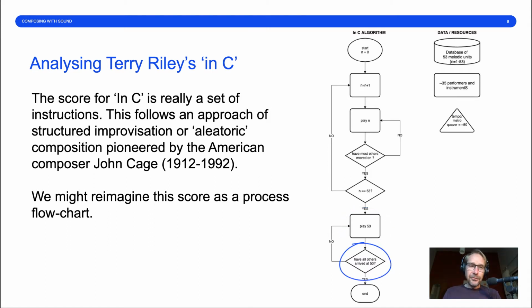Ultimately, when we're convinced that all the other players have got to 53, we stop playing. Now you can imagine how we might move on to writing a Max program to execute this algorithm. I'm not quite sure how we do the listening part, but you can see that it's in the form that a computer might be able to execute.